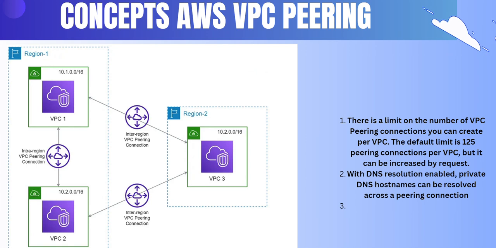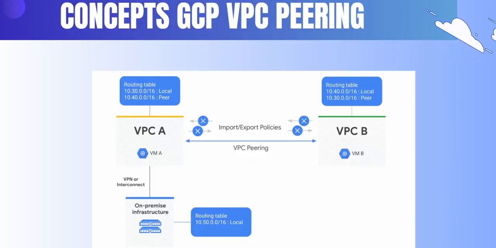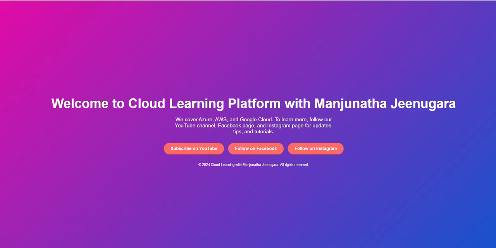The only difference between Azure and AWS VPC here is that the limit is 125, and we have to enable the DNS setup to make the DNS resolve while querying anything. On GCP, there are something called import and export policies. If there are any policies for traffic control, it can also import those policies to the next VPC by peering it. Those are all the advantages that we have.